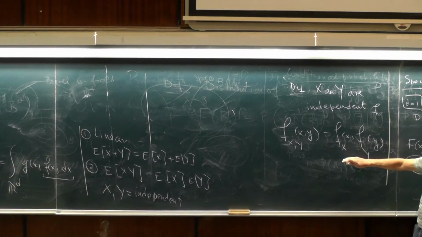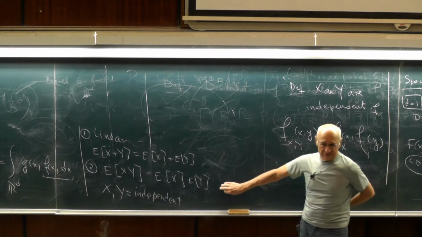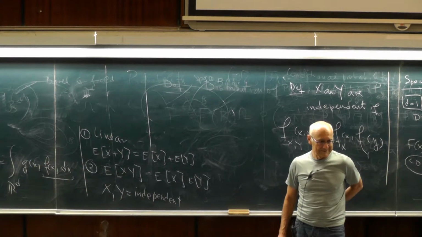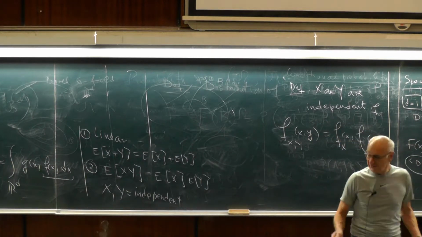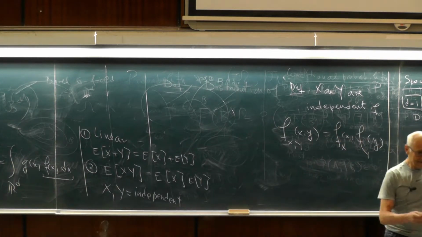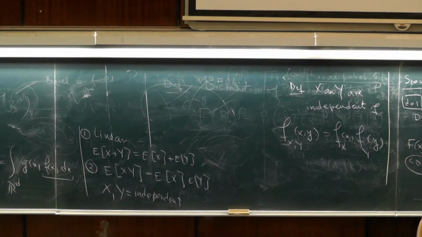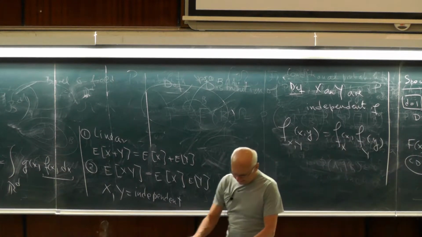Now, given that X and Y are independent, can we prove this very quickly? Yeah, it's obvious, right? You write the definition, the density splits, the integral splits into a product of integrals, done, right? Okay. All right.